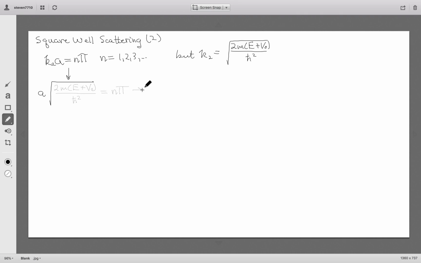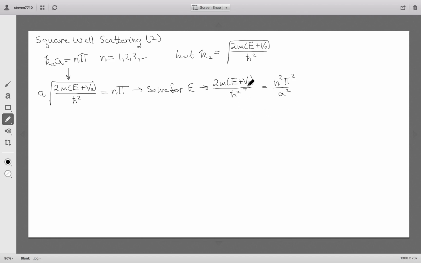Well, go do your math and let's solve for E. Okay, well, first thing, let's square both sides, bring the a over. We're going to have 2m (E plus V0) over h bar squared equal to n squared pi squared over a squared.